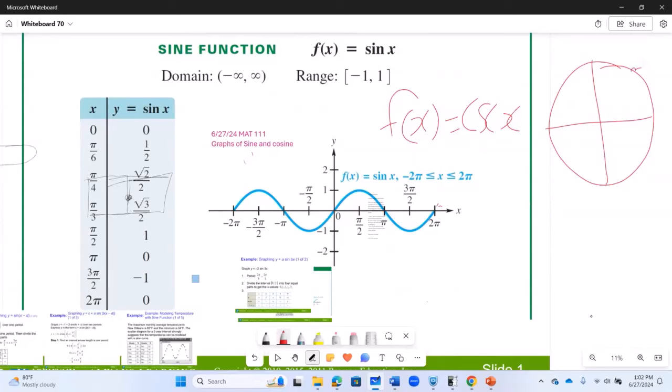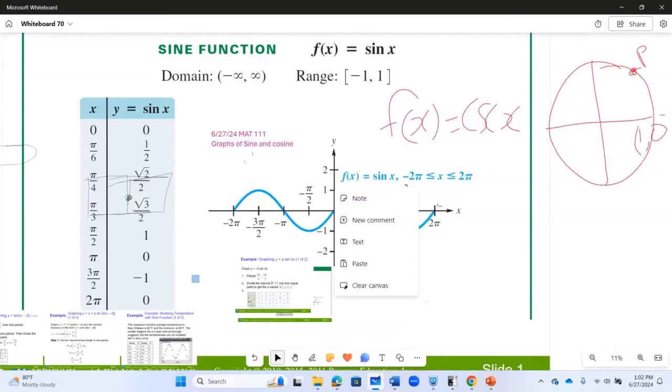So any point on a unit circle is cos theta, sin theta, right? So any point is cos theta, sin theta. Let's consider every point to be P. So at this point now we have 1, 0. So sine of 0 is 0. So since sine of 0 is 0, this is the point.